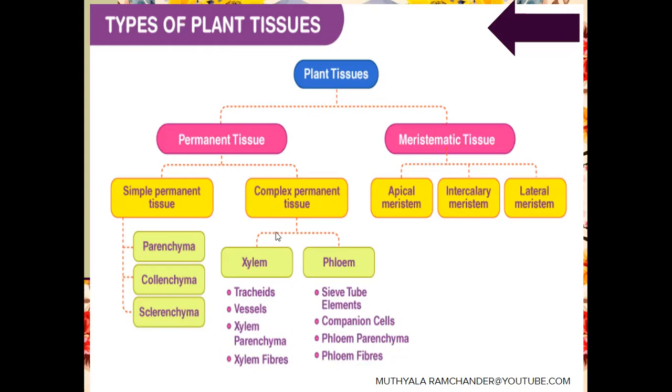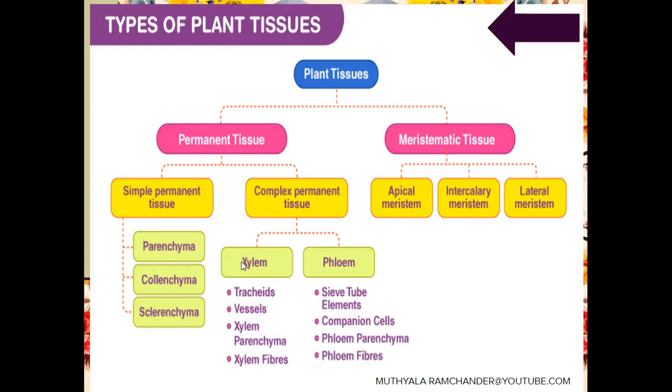The complex permanent tissue is mainly of two types in the plant body: xylem and phloem. Xylem mainly helps in conduction of water, including minerals, to the whole plant body, and phloem mainly helps in translocation of organic solutes to all parts of the plant body.